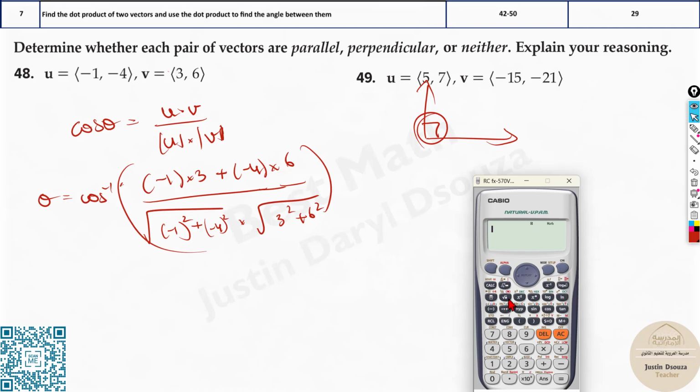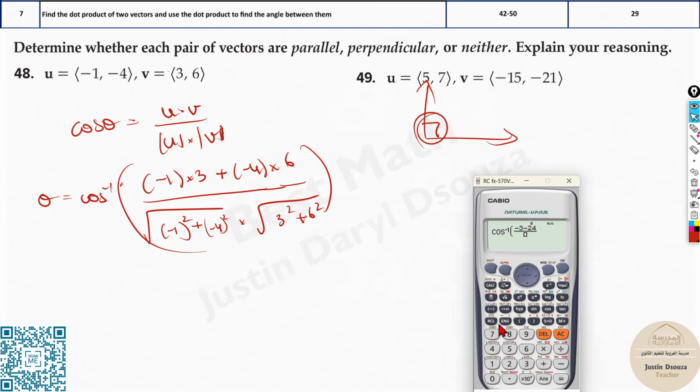I'm just going to rewrite everything because I've done this before and many times I get errors, you miss something or the other. So that's why I'll write the answers directly. Minus 1 times 3 is minus 3, plus minus 6 times 4 is minus 24.